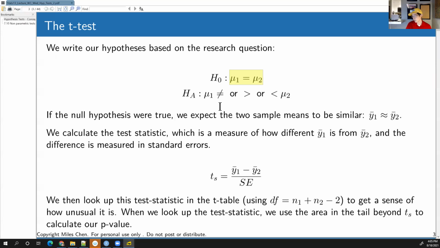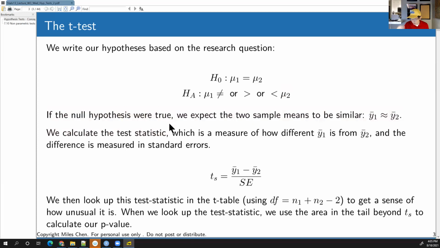And then the alternative is going to be mu1 doesn't equal, or mu1 is greater than, or mu1 is less than mu2, right? And whether we use a not equal sign or a greater than or less than sign depends on the question that's written, and whether we're interested in just a plain old difference, or if we're interested to see if population 1 is greater than population 2, or the other way around, okay?